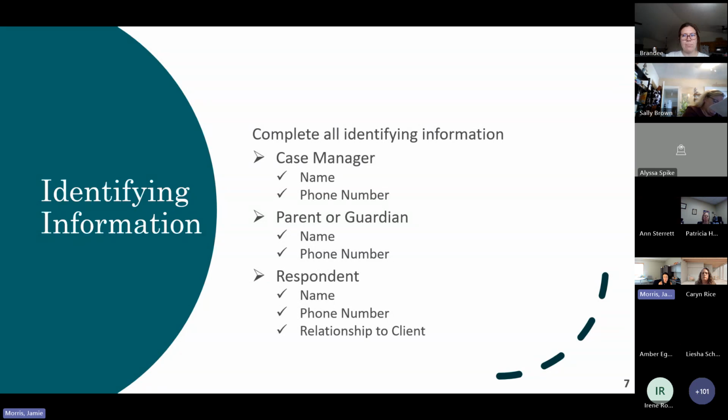We really want to make sure all information is on this document. And so if you are the case manager, or conflict-free case manager, family support coordinator, your information would also go in here if you are completing this document. So name, phone number, and how you are in relation to the client or individual.